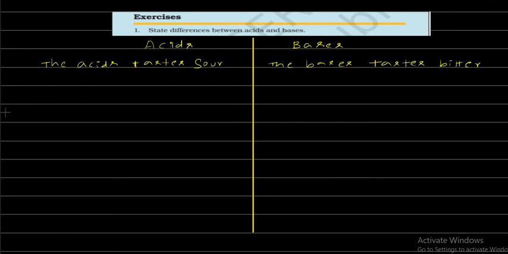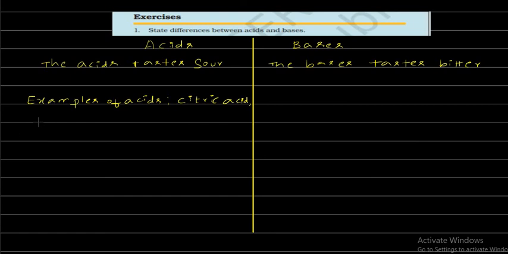And you can mention here some examples of acids. What are the examples you can give here? You can give citric acid, which is present in lemon as well as orange.